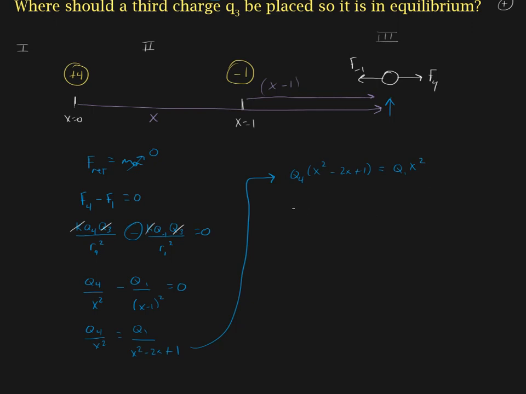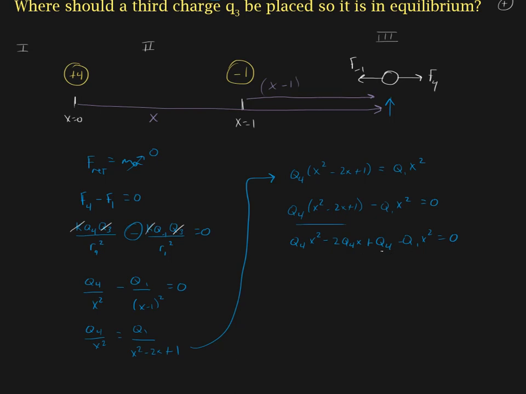Now moving this over, we get Q4 times x squared minus 2x plus 1 minus Q1 x squared is equal to 0. And now we expand out this expression here, this part of it. We get Q4x squared minus 2Q4x plus Q4 minus Q1x squared is equal to 0.